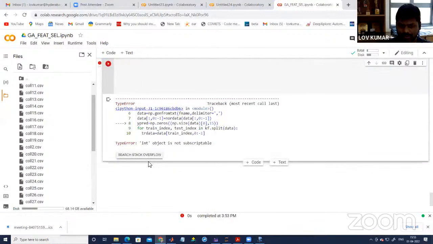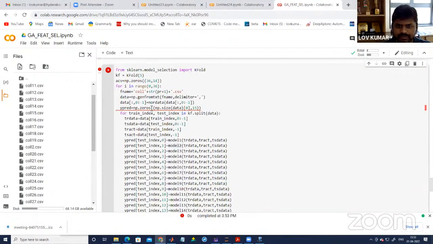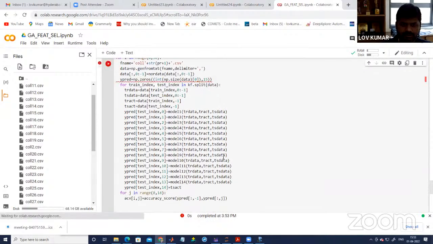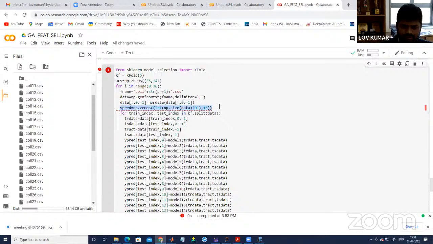So if we are going to check some problem here, we are taking np.zeros, np dot size of data of 0. So we are going to write y predict equal to np dot zeros.